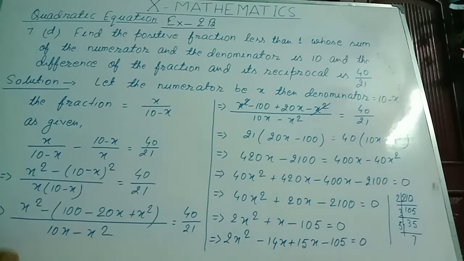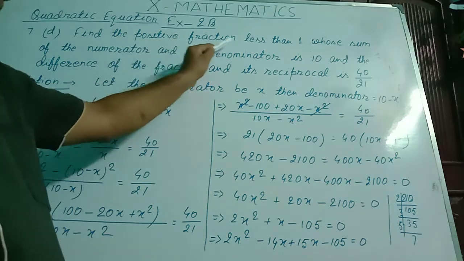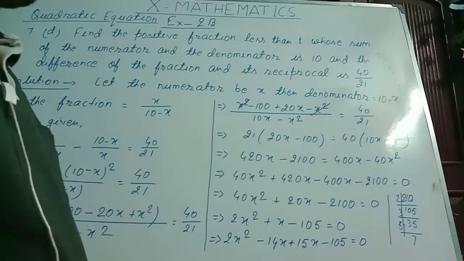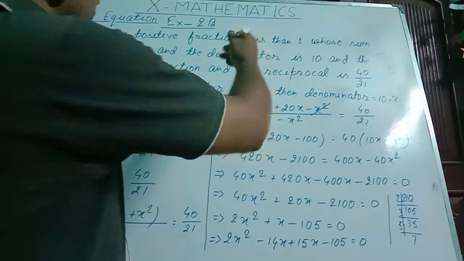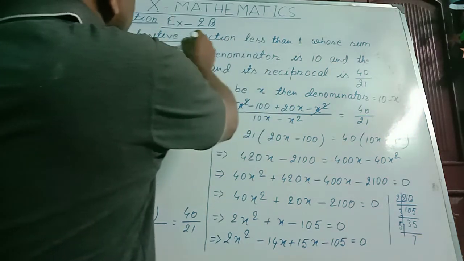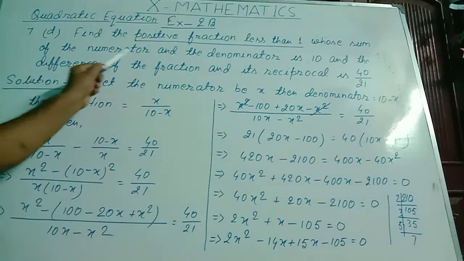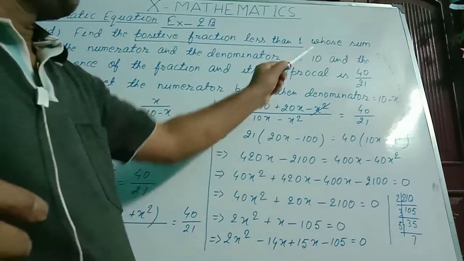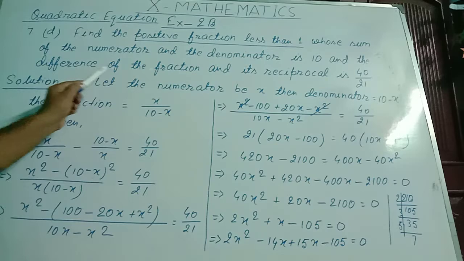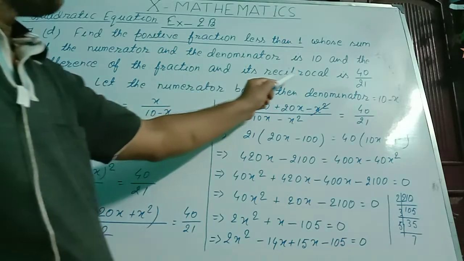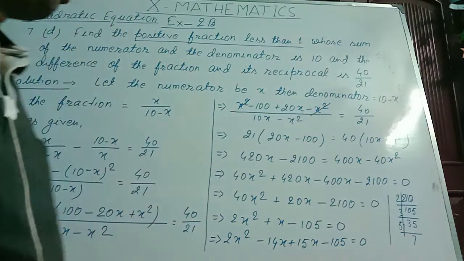In question number 7d, find the positive fraction less than 1, whose sum of the numerator and the denominator is 10, and the difference of the fraction and its reciprocal is 40 by 21.